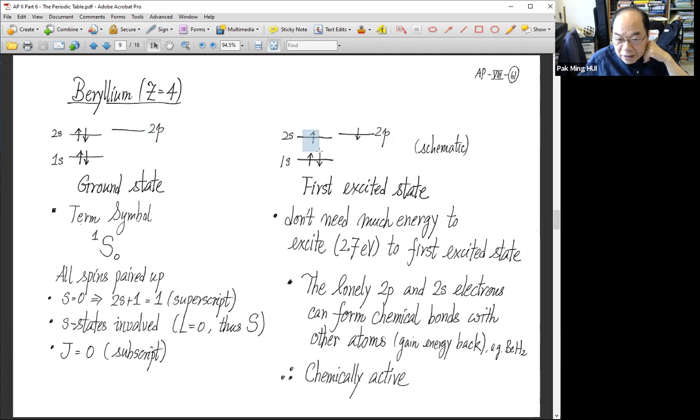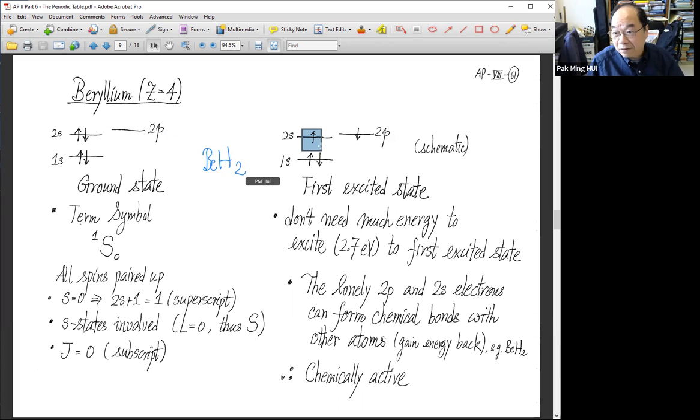Thereby, this can form a bond with something, come close to it, and so on. All right. So later on, we will have a very interesting discussion, I would say, about this thing.